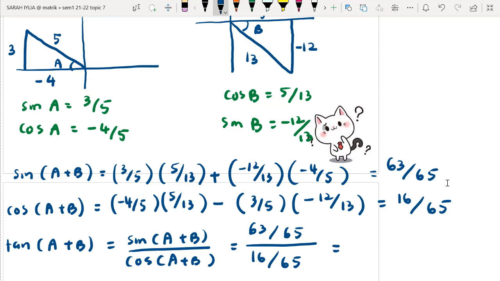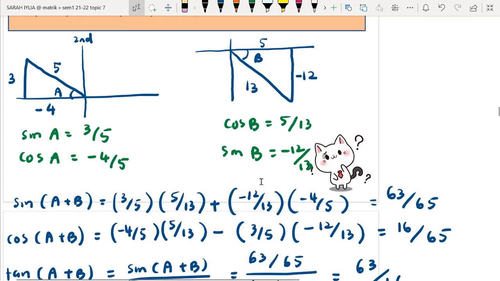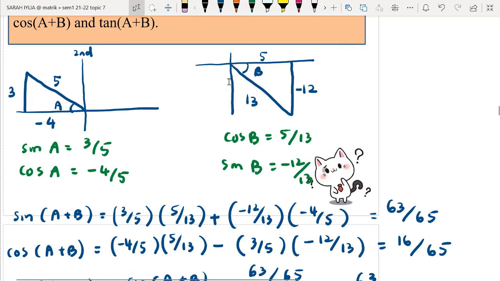So our final answer here would be 63/16. Siap. Dia sesimpel itu sahaja. Saja nak gabungkan how to find compound angle based on our basic ratio, based on our basic triangle.